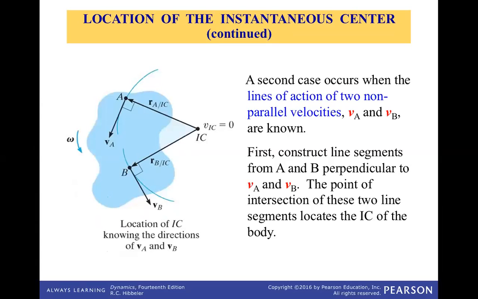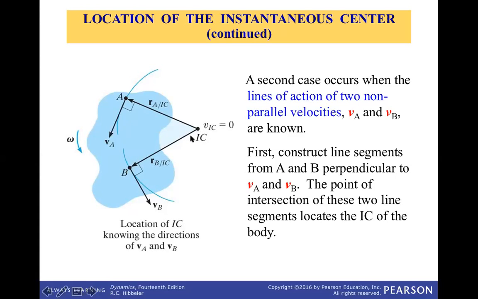Also, if you know the velocity of any two points on the body, you can locate the IC, the instantaneous center of zero velocity. Given, say, point A and point B, you know their velocities. You draw a line perpendicular to VA, and a second line perpendicular to VB, starting from point A and point B. The point where the two lines intersect is the location of the IC of the object.